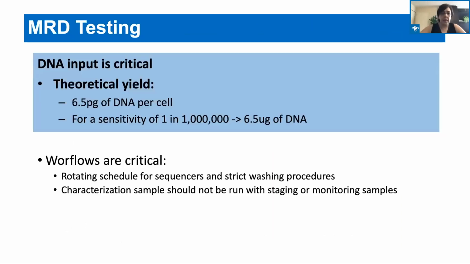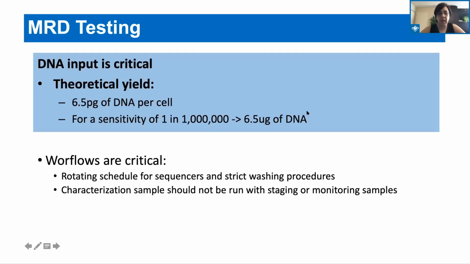So another important factor during your monitoring of the samples is that there are two things that are critically important. Well, obviously DNA input is entirely critical. If you took the theoretical yield of 6.5 picograms of DNA per cell, to be able to get to a sensitivity of 1 in a million, you need a lot of DNA, about 6.5 to 7 micrograms.